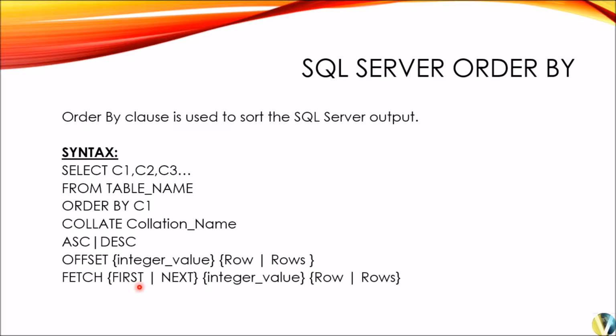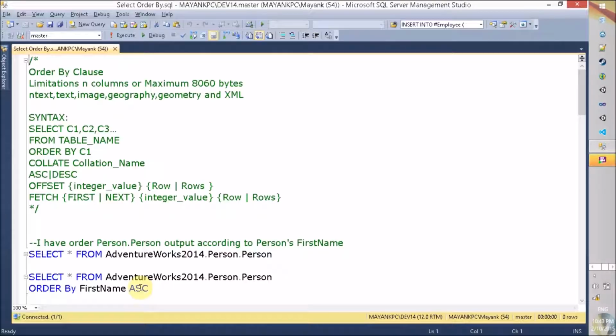So let's open SQL Server Management Studio and execute a few queries to understand the order by clause. Here is my SQL Server Management Studio, with the same syntax. Now here is the example. I have the AdventureWorks2014 Person.Person table, and I want to order my Person.Person table output according to the first name of the person.